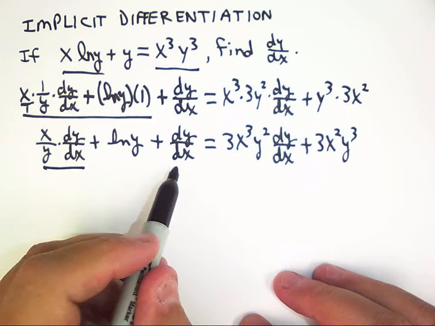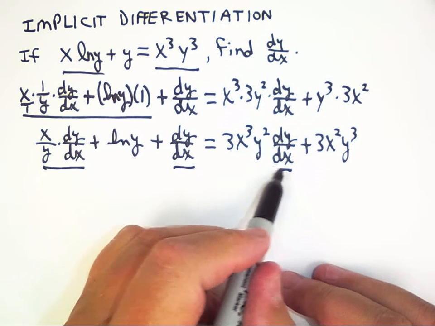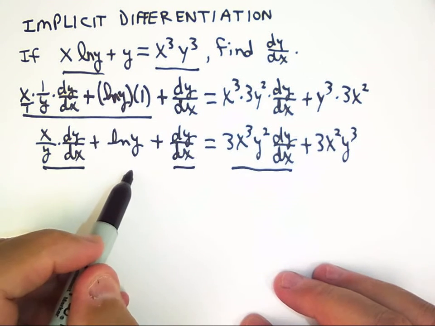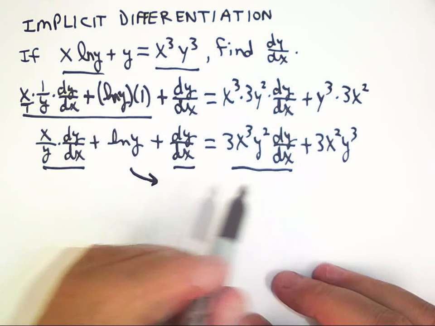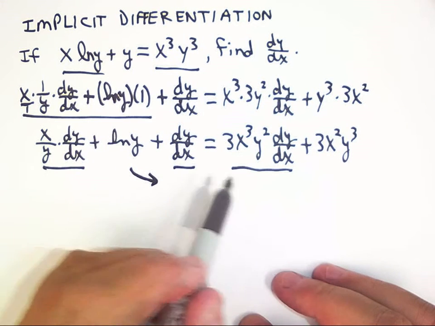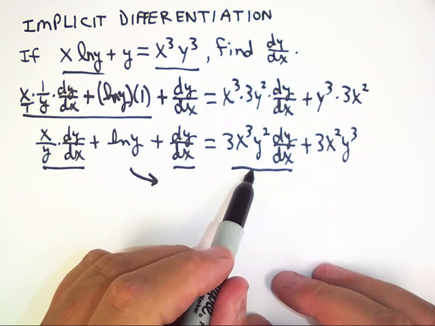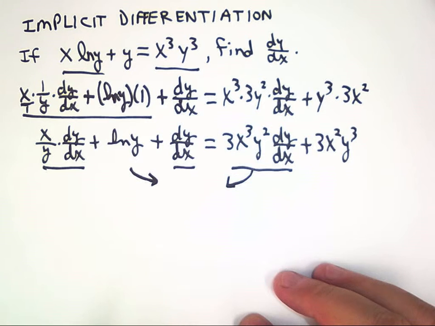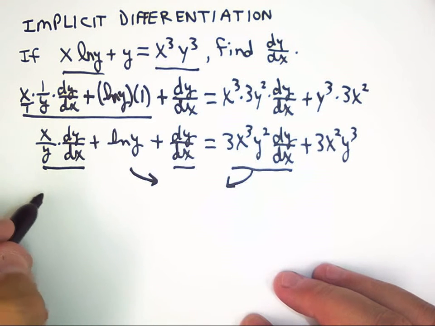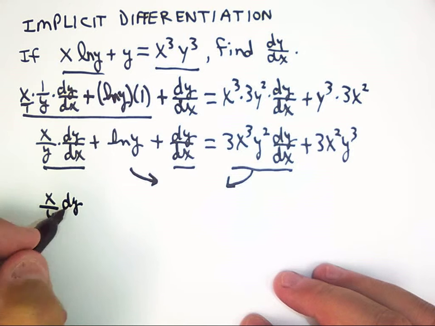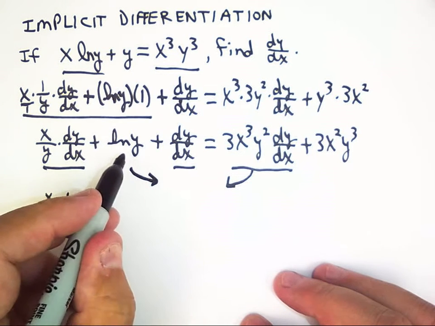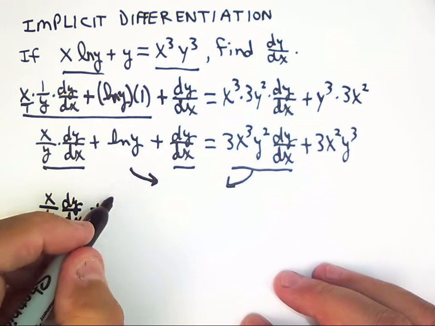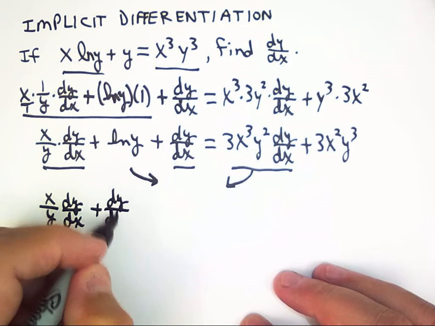And it's the same as before. You want every term that has dy over dx in it on the left, and everything else moves over to the right. So that term will end up moving over. This term will end up moving over with the other dy over dx's. So we get x over y dy over dx. That's going to move, but you still have this dy over dx here.